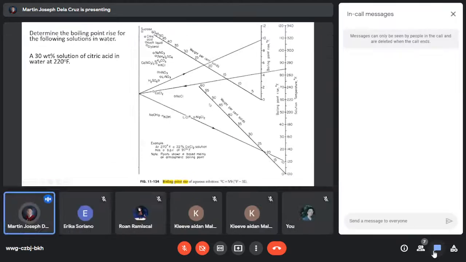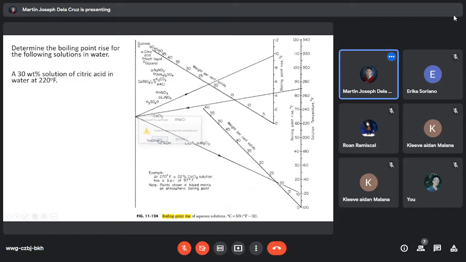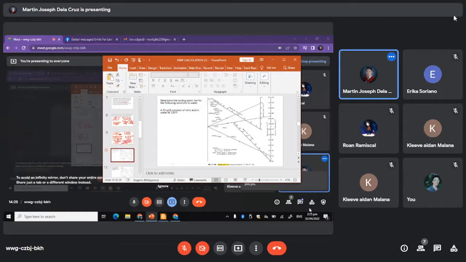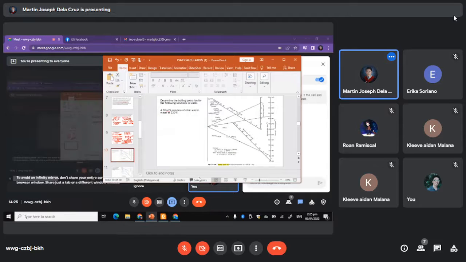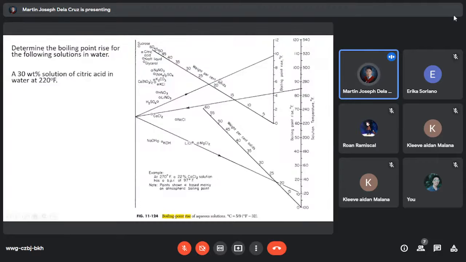Itong figure na to. How to get your boiling point rise. Devon. Okay. So, it's not new to you anyway. So, kahit pahapyaw na lang ulit, no?